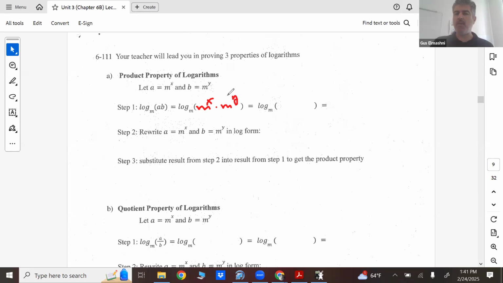Now, if you think about it, how do I combine those 2 exponents? Correct. And what happens when the base of the log and the base of the exponent are the same? They pretty much cancel. No, you're confusing what we just talked about earlier.